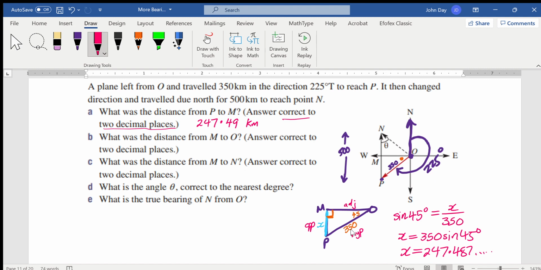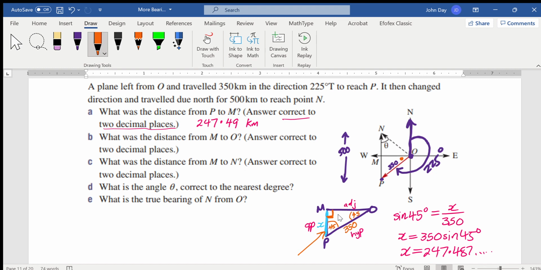Right, the next question was, what was the distance from M to O? So on that same triangle, you can figure out how big the adjacent side is from M to O in the same way. But instead of going through that, did you notice that because it's a right-angled triangle and one of the angles is 45, the other angle there must be 45 as well that I'm pointing to there?